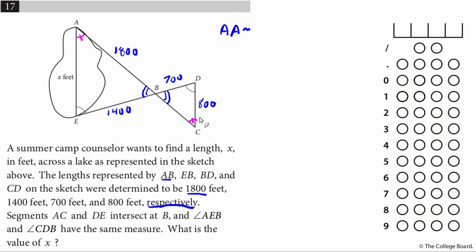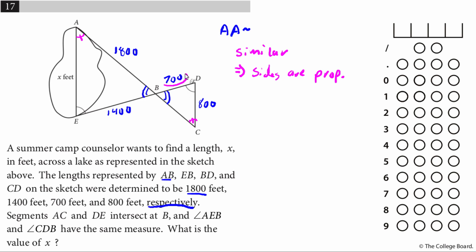And why that's important is, since they are similar, that implies that the sides are proportional. And so I can set up a proportion. I just need to assign the correct sides. So I know two sides of this. Let's consider these.